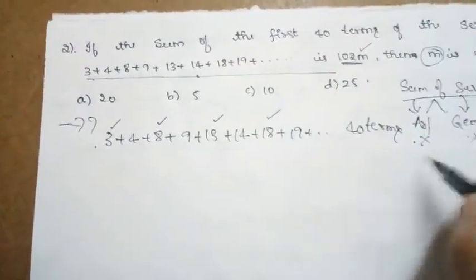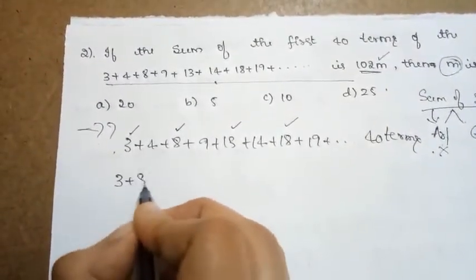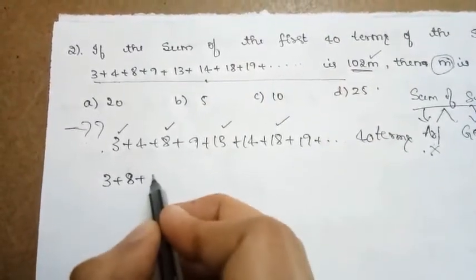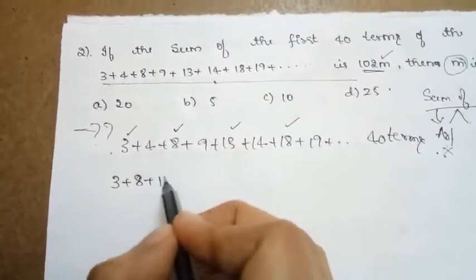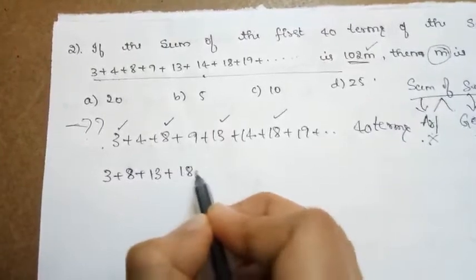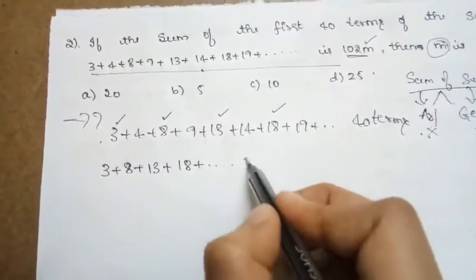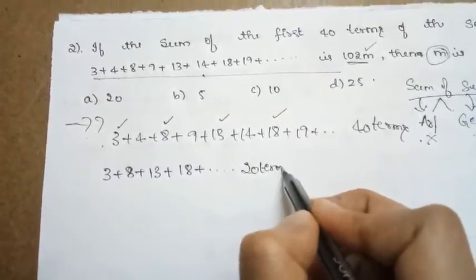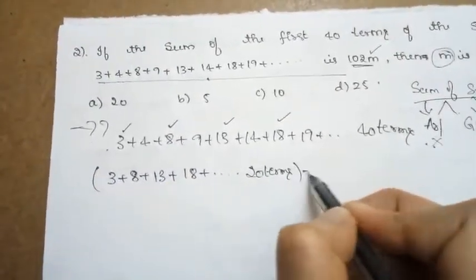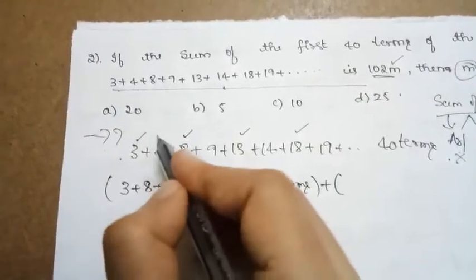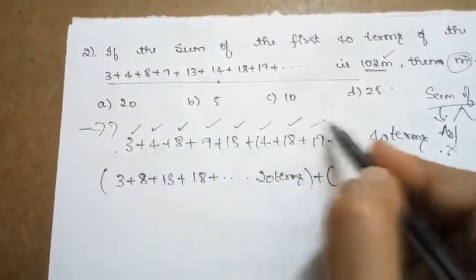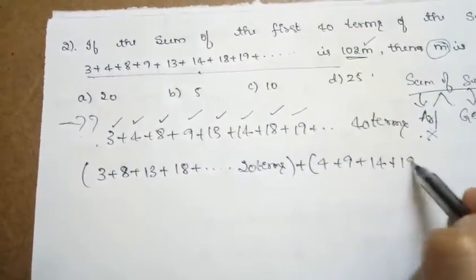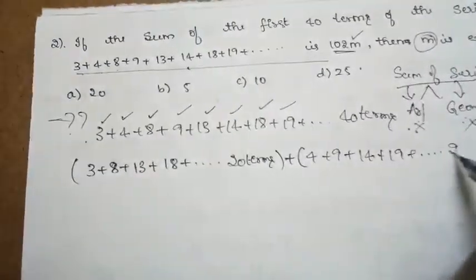Since it is a sum, I can reshuffle, right? So 3 plus 8 plus 13 plus 18 plus so on up to 20 terms, because I am taking alternate terms, so it remains up to 20 terms. After that the remaining 20 terms are 4, 9, 14, 19. That is 4 plus 9 plus 14 plus 19 plus so on up to the remaining 20 terms.